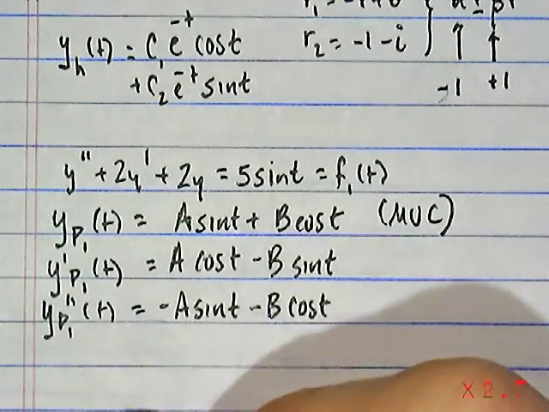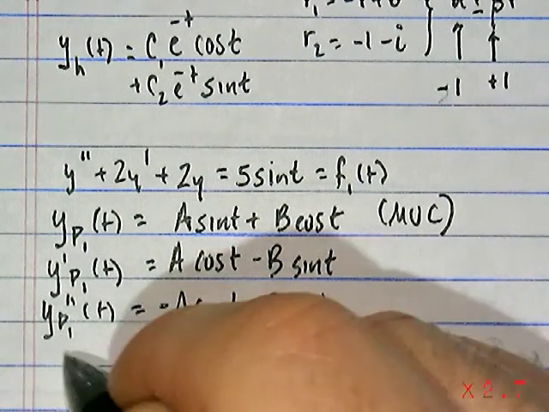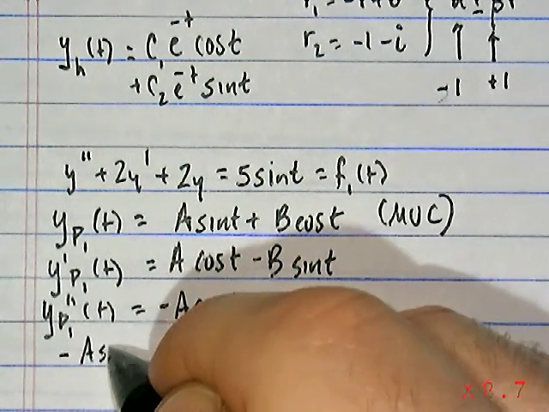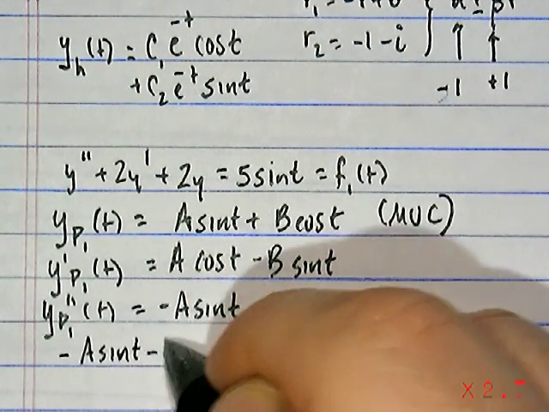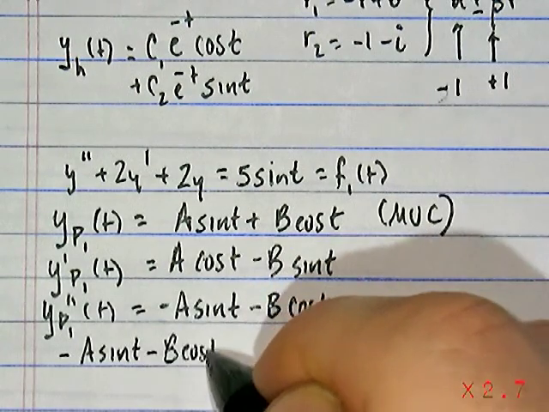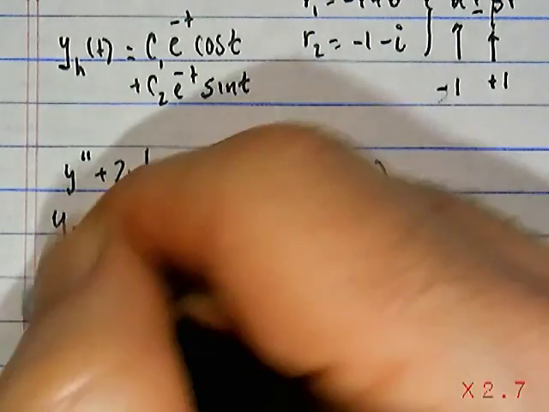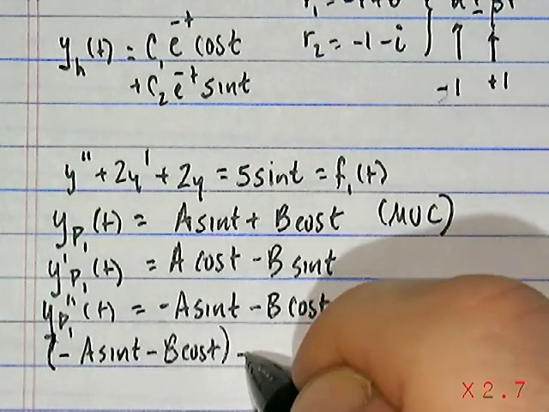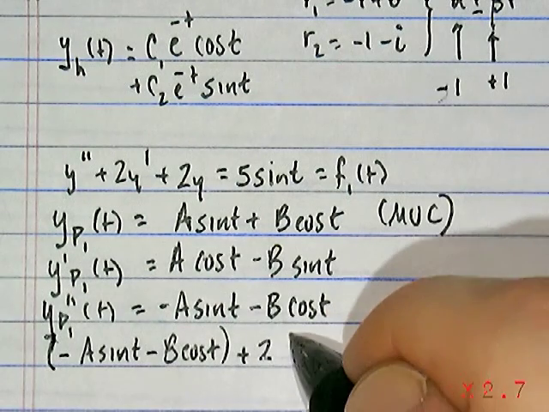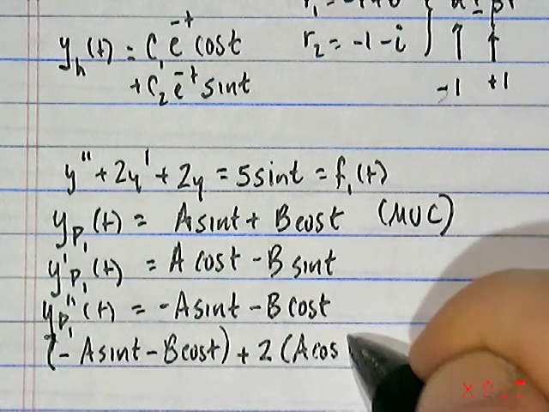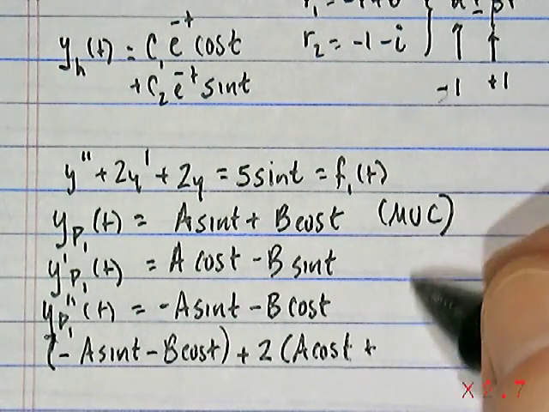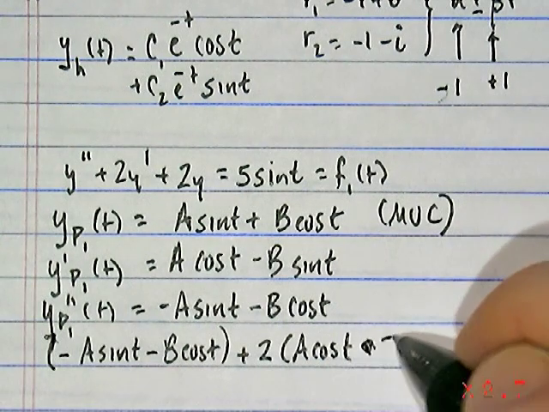So if we do that, we'll have, just writing these quantities down, minus a sine t minus b cosine t for the second derivative. All of that be added to 2 times the first derivative expression, a cosine of t. That should be minus b sine t.